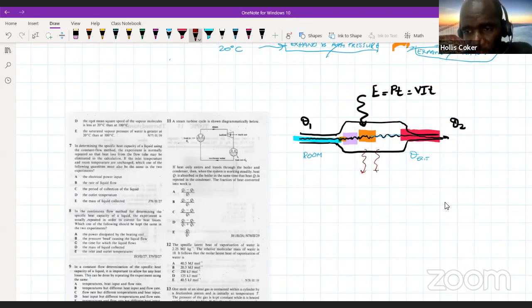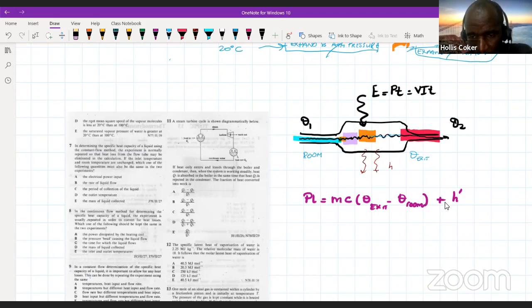What we are saying is that the rate at which energy is supplied, which is power, you can adjust the power of the heater, is equal to the mass flow rate of water, m, by c, by theta exit minus theta room, basically the temperature at which water enters, plus your losses, H. Power, the rate of energy supply, is equal to the mass flow rate by c by the change in temperature, plus H.